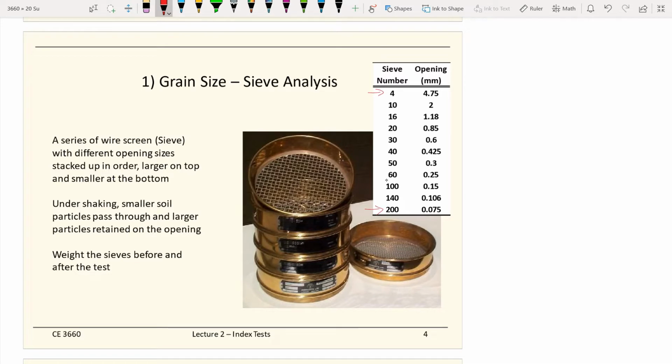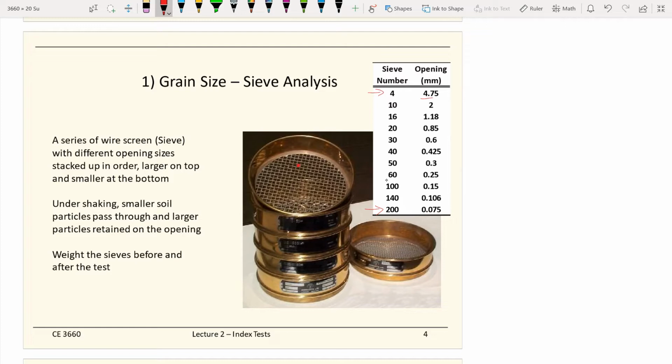The size of the number 4 sieve is 4.75 millimeters. As you can see in the picture, this is a number 4 sieve, and the opening of the mesh is 4.75 millimeters for each of the square openings.